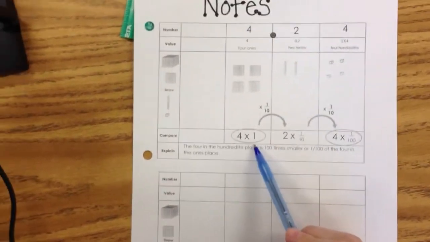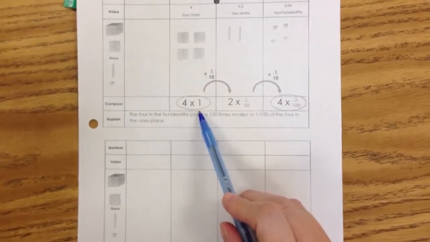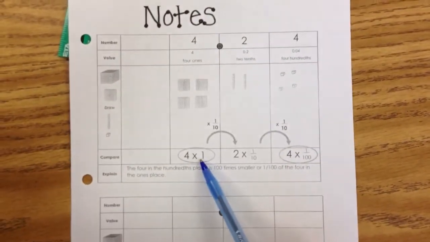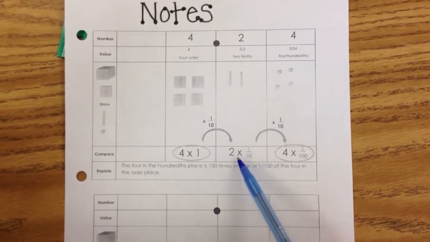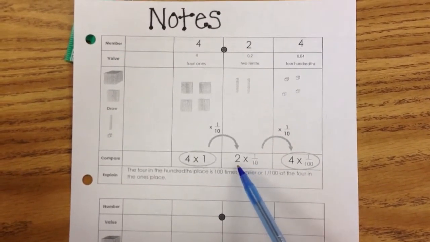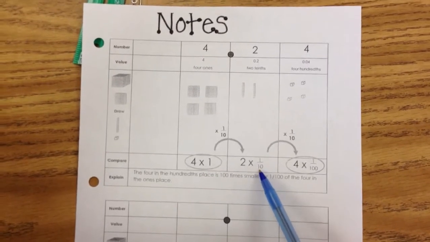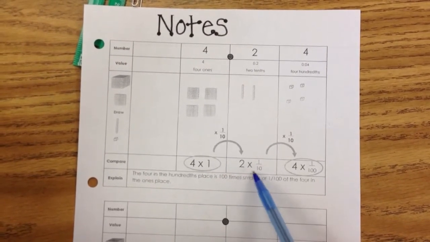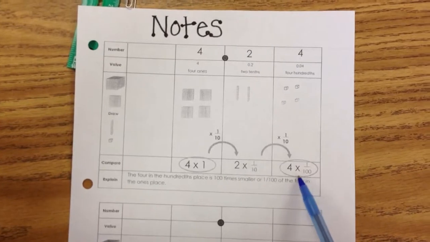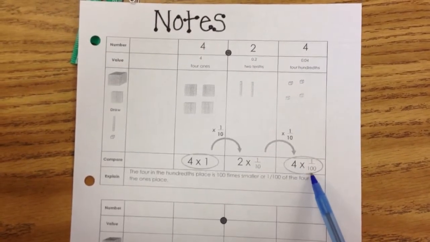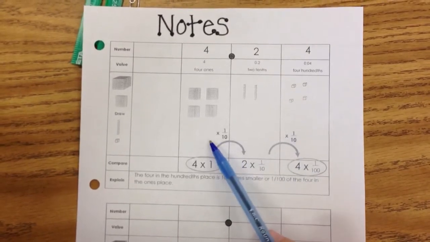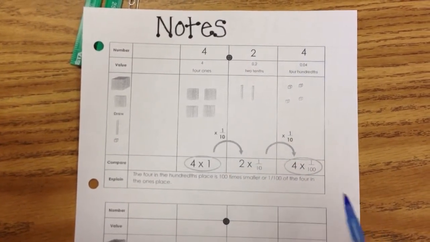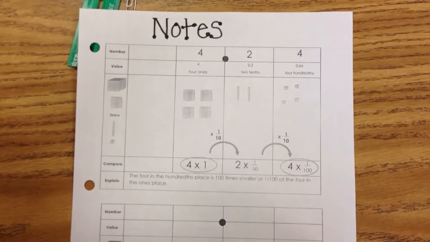Looking down into the compare row, we have 4 times 1, because it's one whole, that's that column. Then this one represents 2 times 1/10, because we have 2 of the 1/10 pieces. And here we have 4 times 1/100th, because we have 4 of the 1/100th pieces.